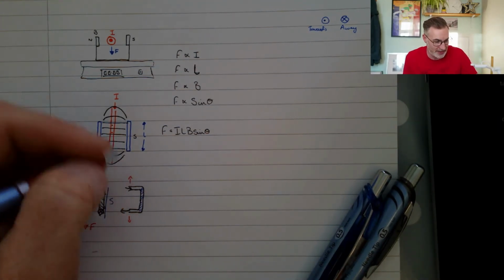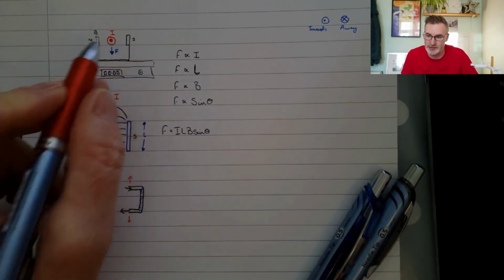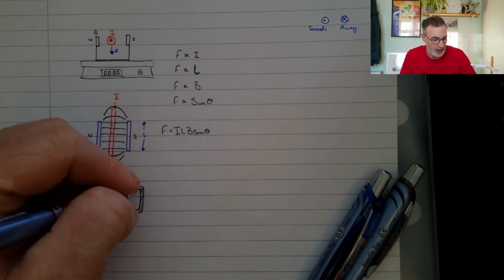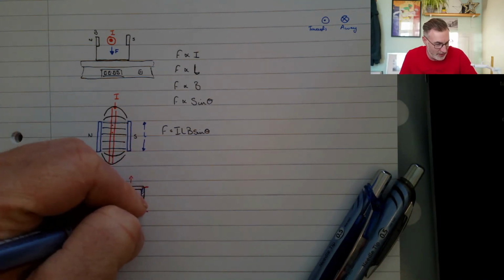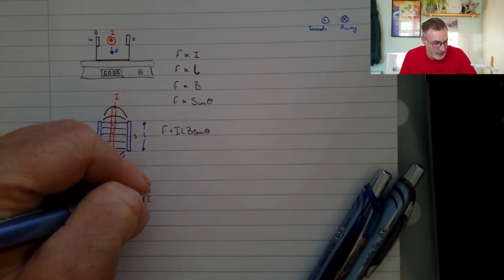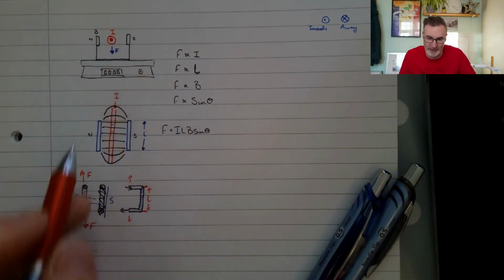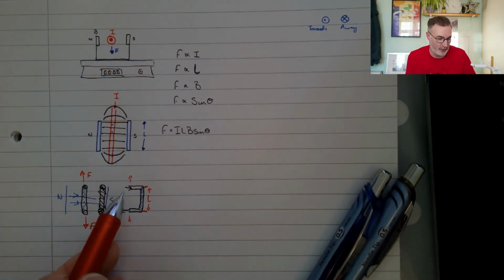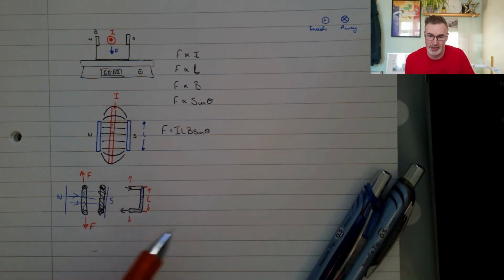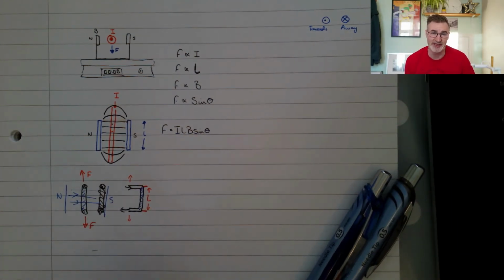And they're acting perpendicular to the scales, and so they're not going to register on there anyway. And so this will allow us to accurately determine the length of wire that is actually in the magnetic field here. So when doing this experiment, we're always going to use a U-shaped piece of wire. I really hope that that has made some sort of sense.